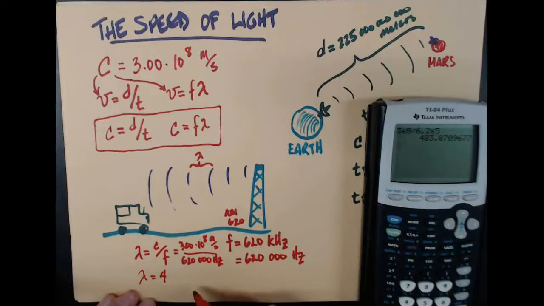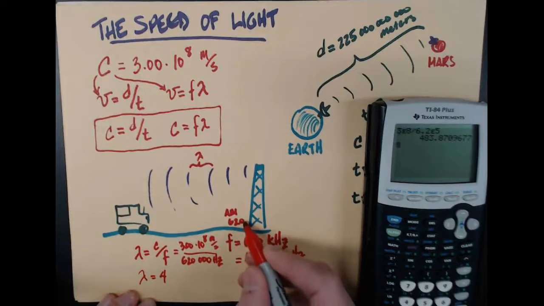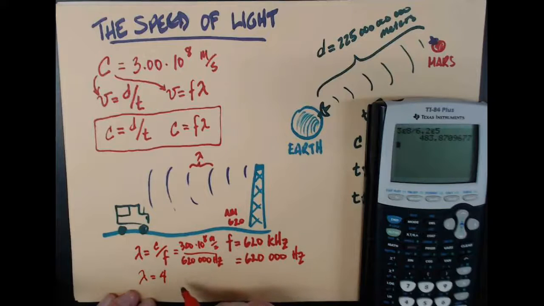I've got 3 sig figs. Let's assume that's a significant figure right there. So 3 sig figs gives me 484 meters. And so from that I can figure out how long the wavelengths are. So obviously 484 meters is a pretty long wavelength.